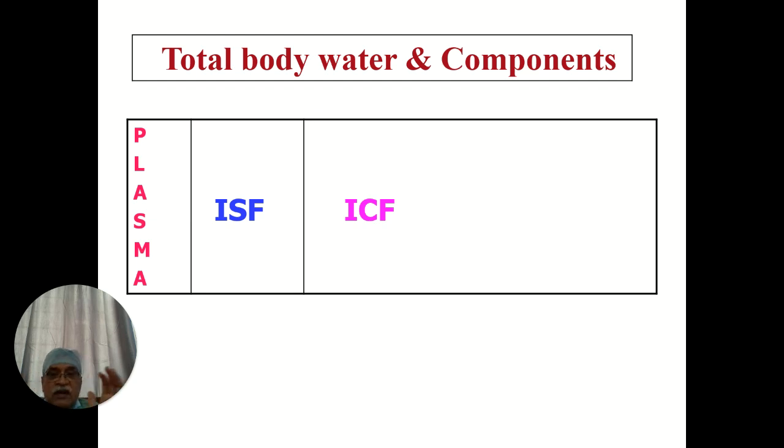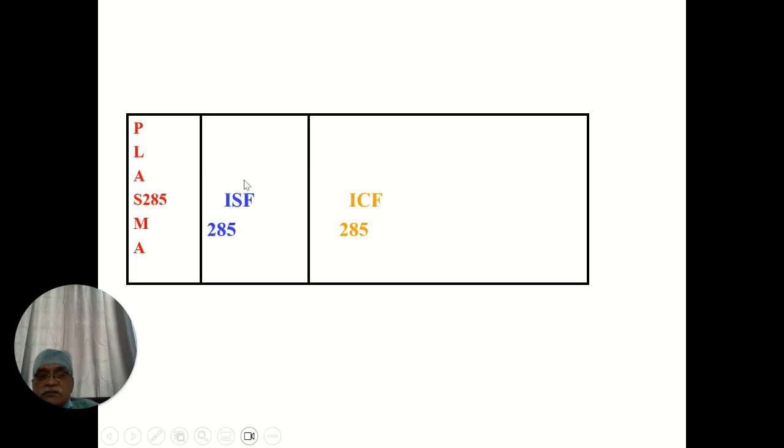The volume is different, compartment sizes are different, composition is different, but one thing is common between all compartments, that is the osmolality. Osmolality is around 290 millimoles, usually 285 to 300.